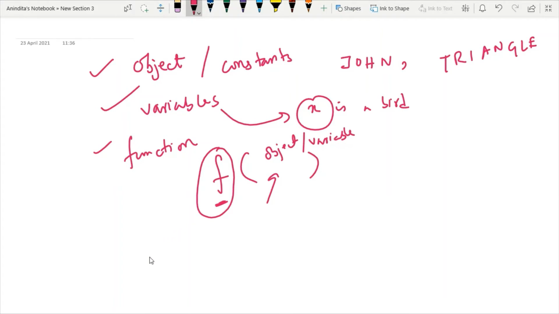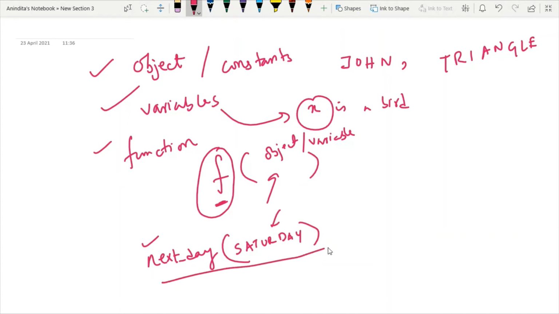If the sentence is the next day is Saturday, how can I represent this statement? I can write nextday. It is the function name since it is starting with a small letter. And as an argument, I can write an object or I can write a variable. So I can write Saturday. Saturday is a constant. So nextday(Saturday). This is a functional representation of a particular statement.